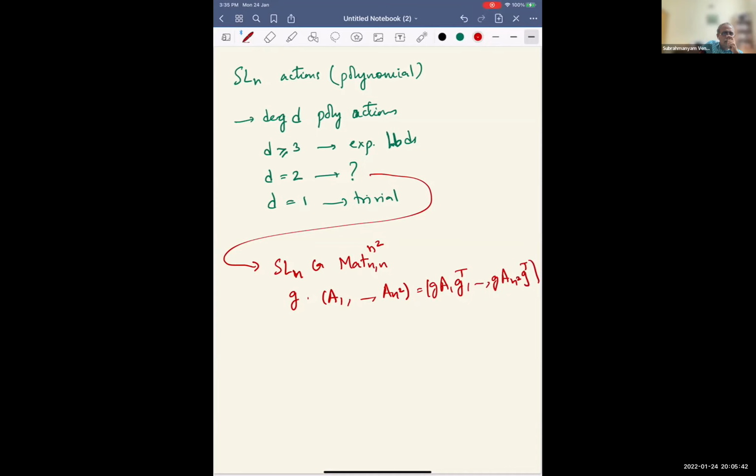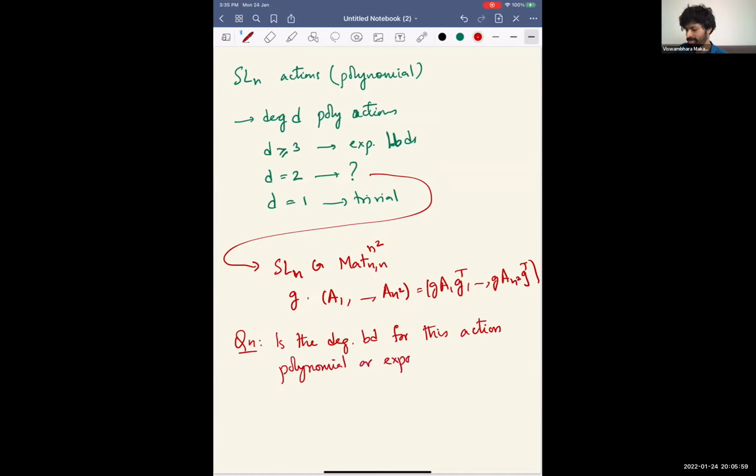So what is the degree bound for this action? Is the degree bound for this action polynomial or exponential? I don't know the answer to this, but certainly somebody can. I welcome anybody who's interested in pursuing it to talk to me about it.